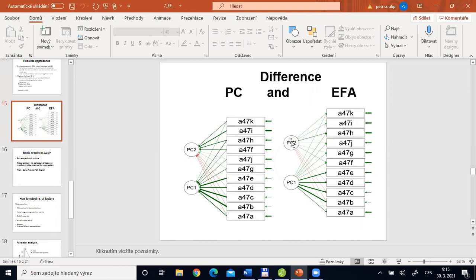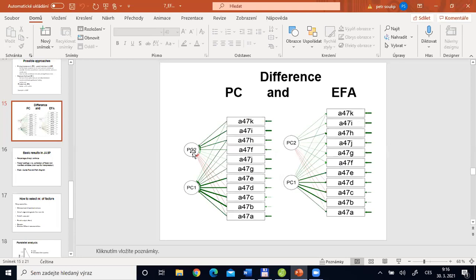Here is, for example, a left-right scale, and here are items measuring the left-right scale. So our expectation is that we have some concept, something in my head, and here I have some observed manifestation of these concepts in tests or in questionnaires. But maybe sometimes also in sociology, there are cases for which this idea of principal components can be more useful, where we have some indicators and we are creating some common principles behind them.